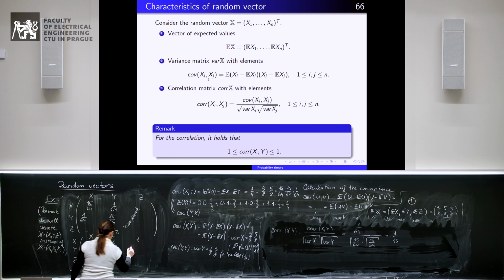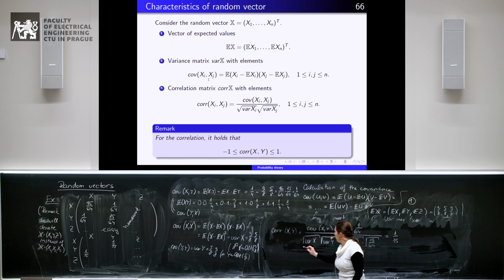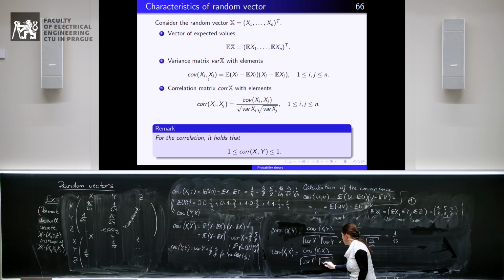In the same way, you can calculate the correlation of x and z, the correlation of y and z. So these 4 numbers are for your homework. And what about the diagonal? On the diagonal, we have the covariance of x and x over the square root of variance of x times the square root of variance of x.